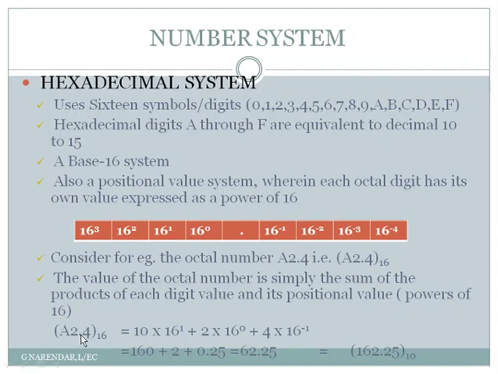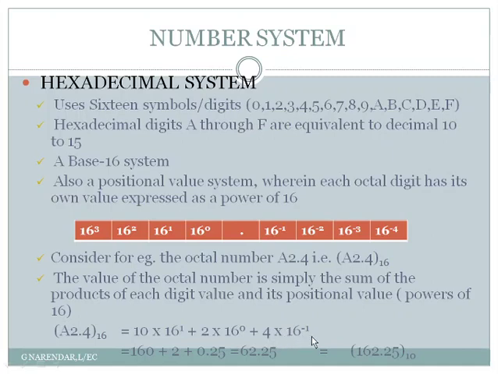This is the hexadecimal point. Towards the right of the hexadecimal point, you can see the digit is 4. This digit's positional value is 16 power minus 1, so we'll multiply 4 with 16 power minus 1.